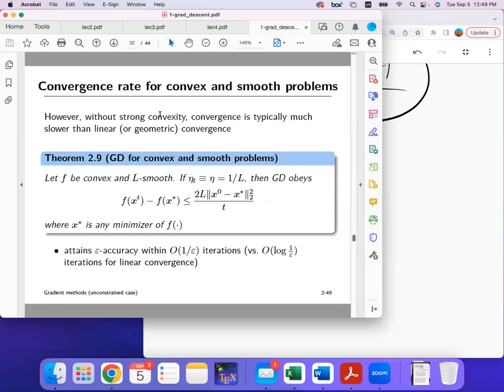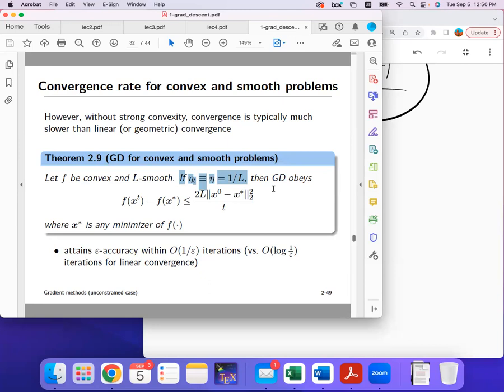Let f be a convex and L-smooth function. Any function in such a class of convex and smooth functions. If we apply gradient descent with step size 1 over L, then we have the following bound.